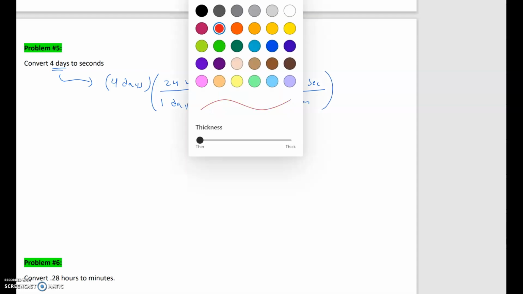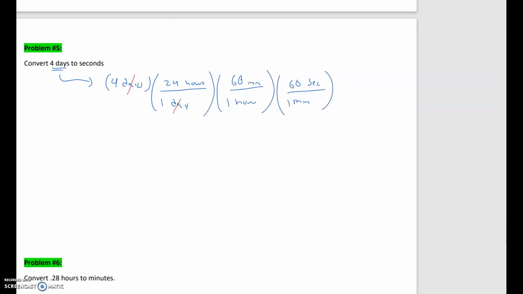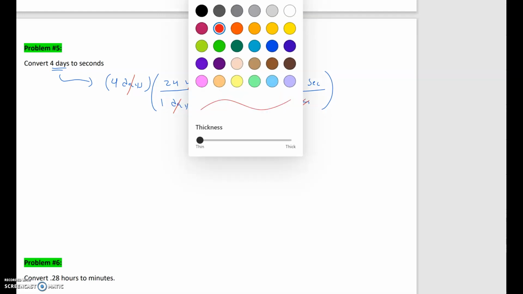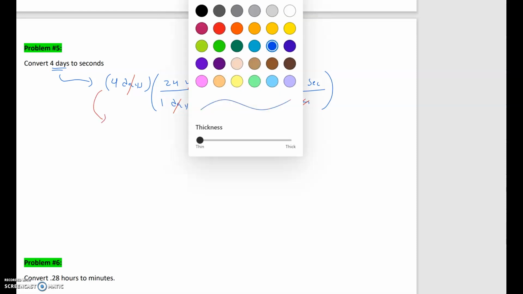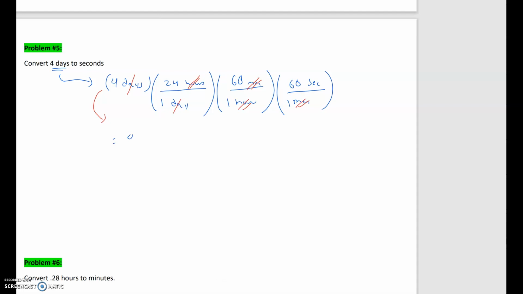Okay, so let me start canceling the units. Days cancel, hours cancel, minutes cancel, and then we're left with the following. This is going to be equivalent to 4 times 24 times 60 times 60, and this will be seconds.